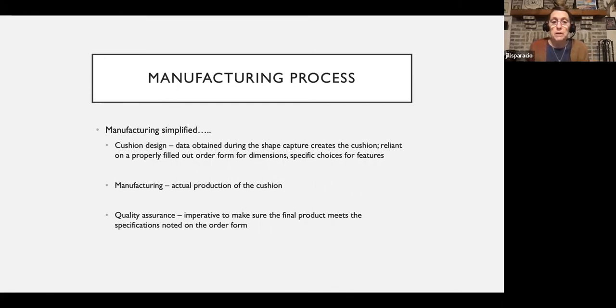The manufacturing aspect is actually the production of the cushion. And again, it takes a lot of effort to create each one because it is custom and they're making one of a kind. And then in the manufacturing process, there's a quality assurance phase that's imperative to make sure the final product meets the specifications noted on the order form.